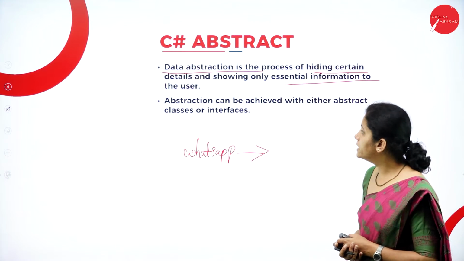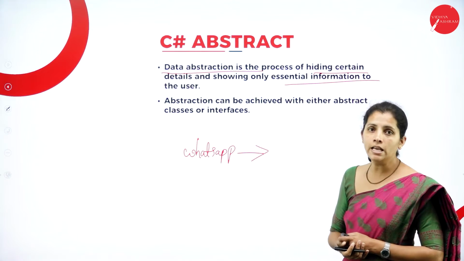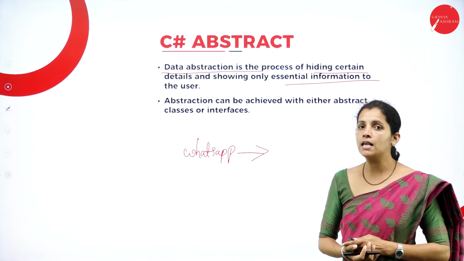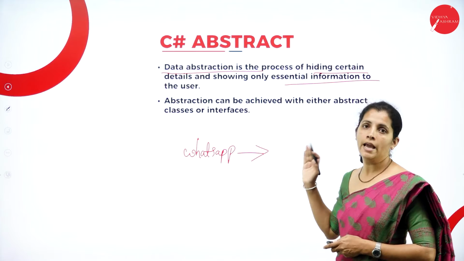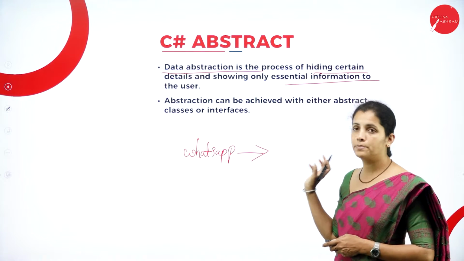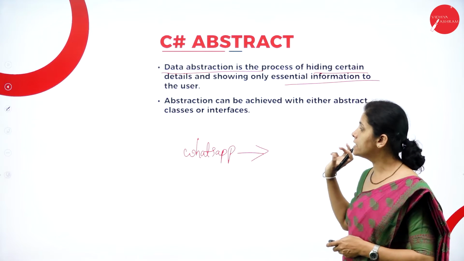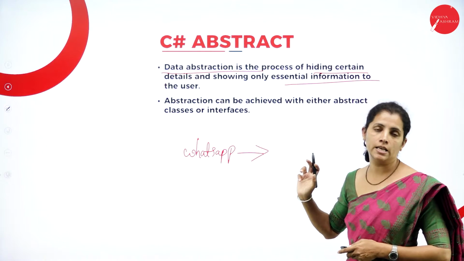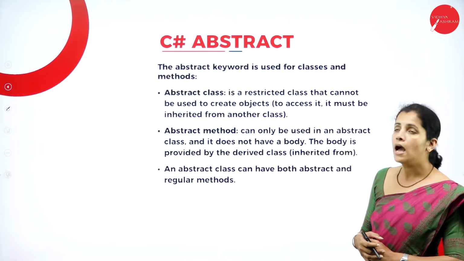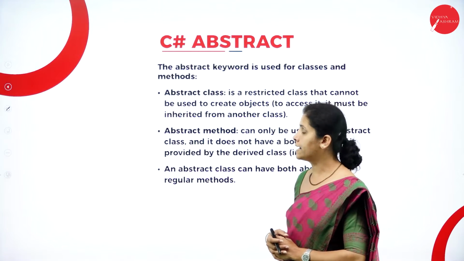To achieve data abstraction in C#, I'm going to have abstract class as well as interface. Anyway, dear student, we are going to study what is abstract class and what is interface in detail in my upcoming session.